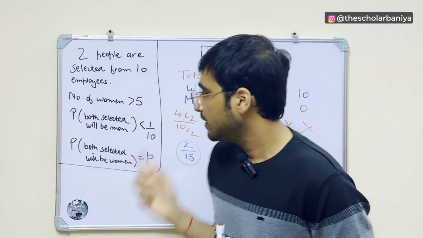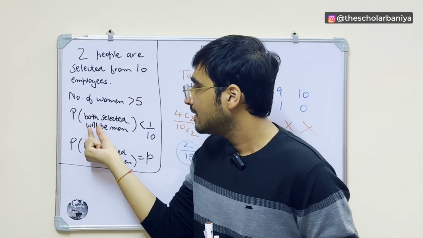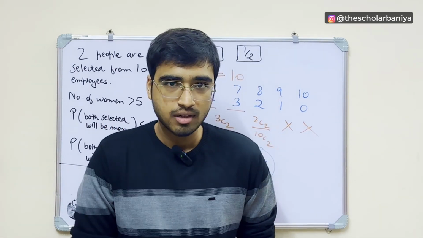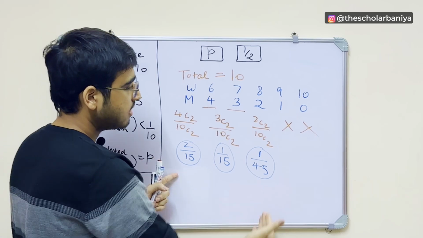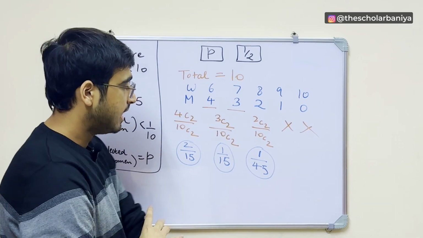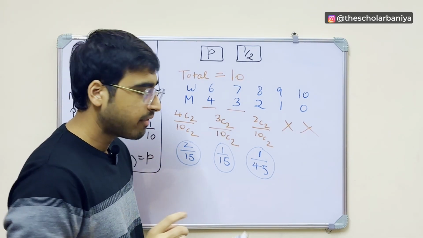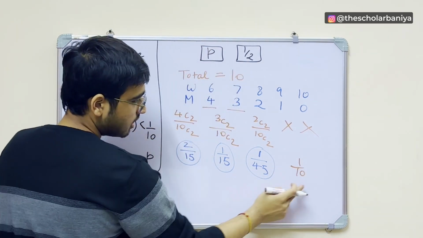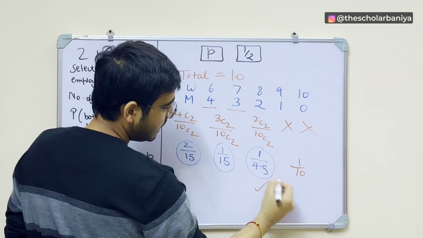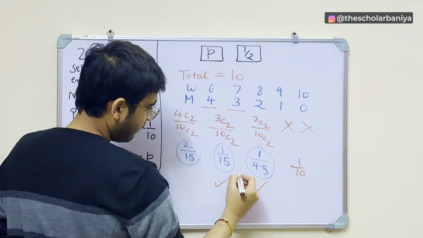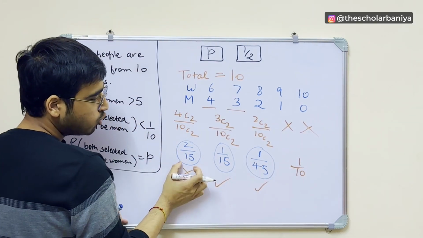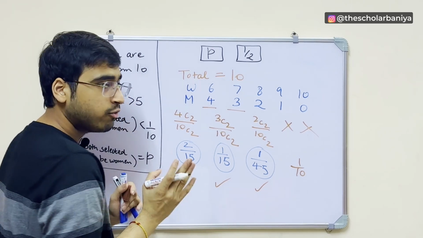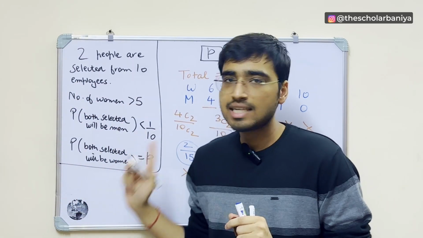Now tell me one thing. We are given that the probability that both selected will be men is less than 1 upon 10. In all these cases, which are the cases in which the probability is less than 1 upon 10? If you compare it to 1 upon 10, this is completely fine, this is completely fine, but this is not fine because 2 upon 15 is greater than 1 upon 10, and we want the probability to be less than 1 upon 10.